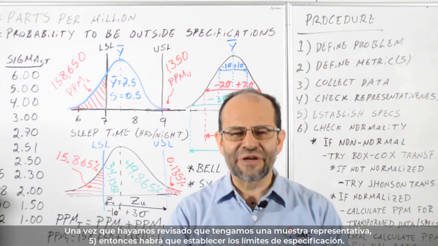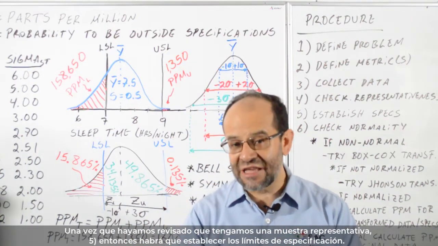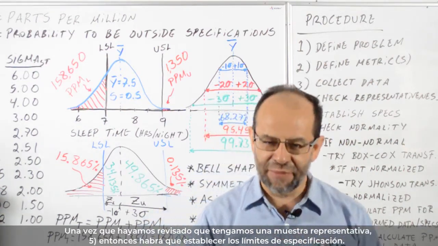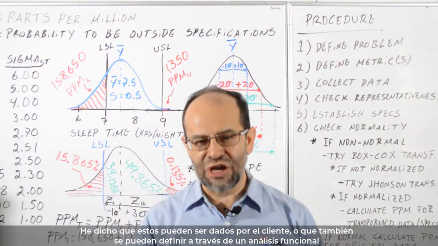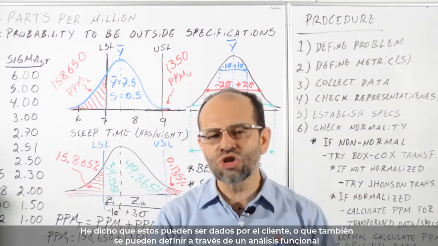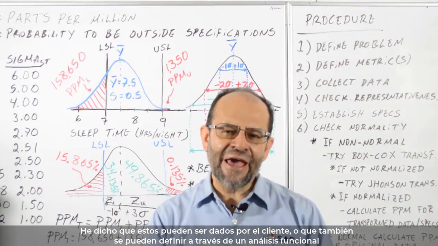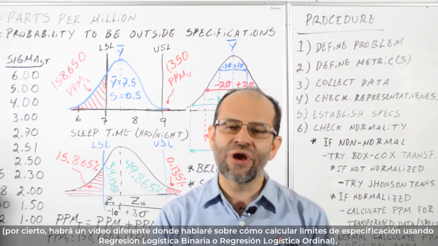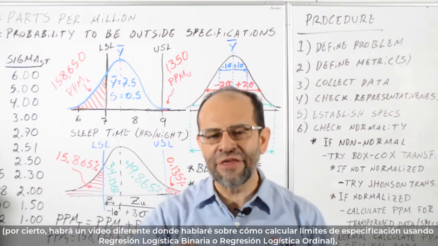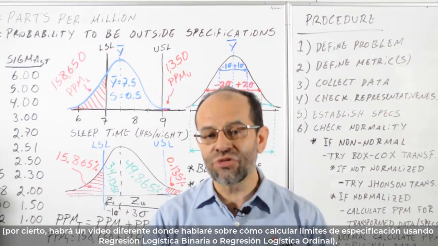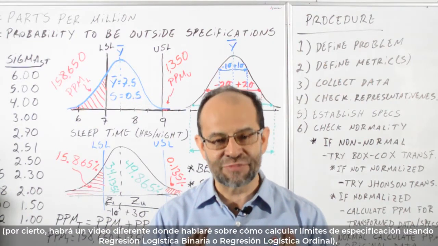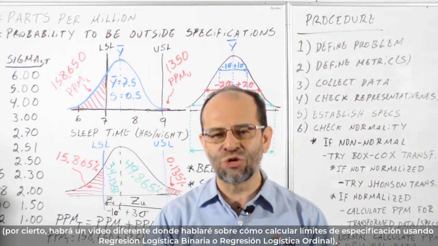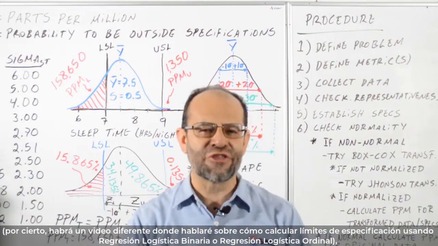Once that you have checked that you are having a representative sample, then you have to establish your specification limits. I have said that the specification limits can be given by the customer, or also you can define them through a functional analysis. By the way, there will be another video where I will talk about how to calculate specification limits using binary logistic regression or ordinal logistic regression, but that will be a different video.